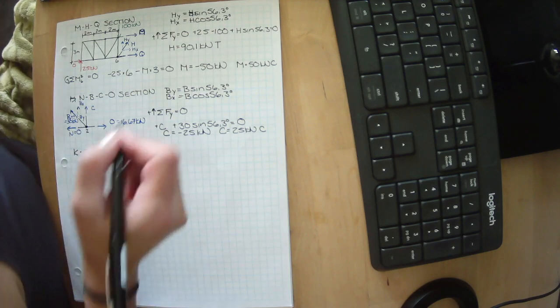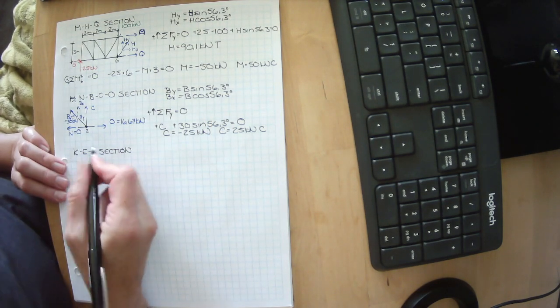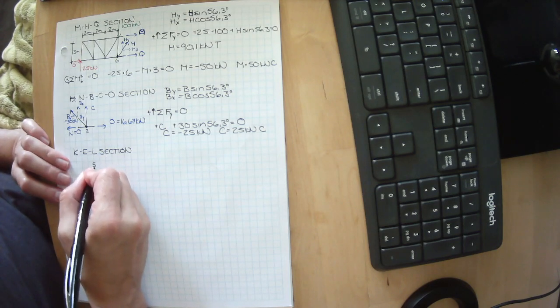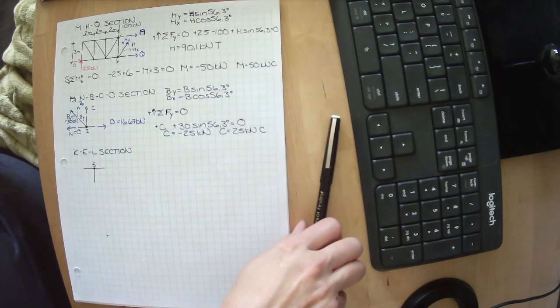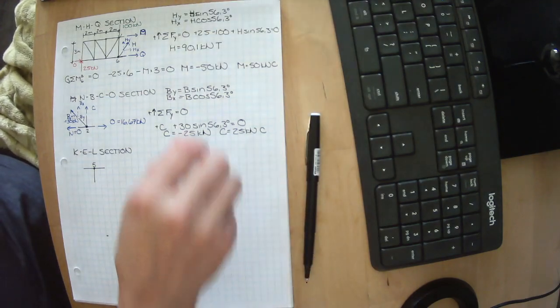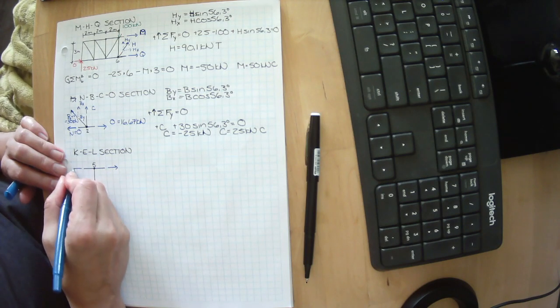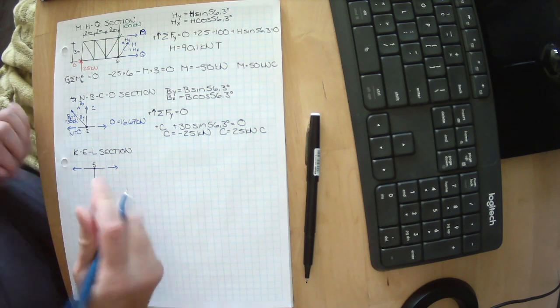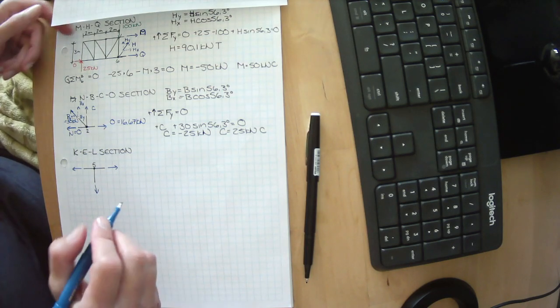So let's draw that node here, which is node 5. All right, let's draw our internal forces here. I'm going to draw them all in tension, and then use a negative value if it means I'm going in the other direction.